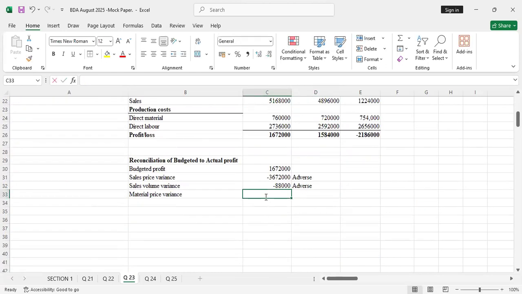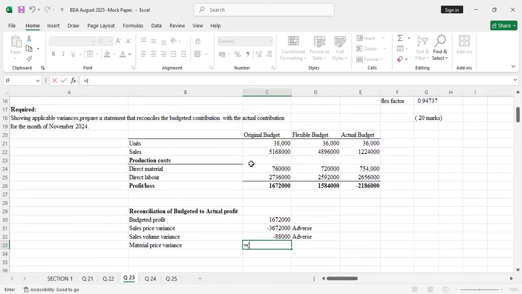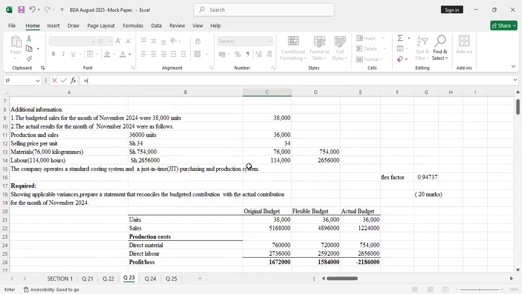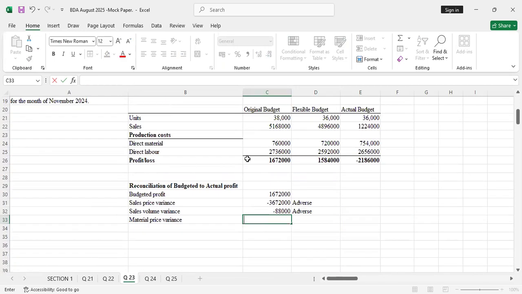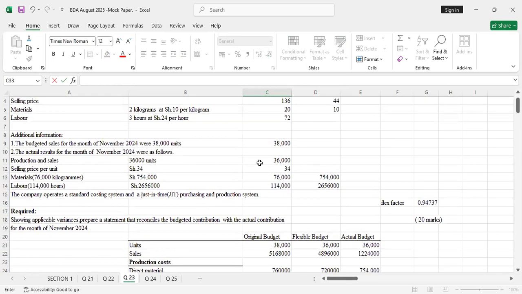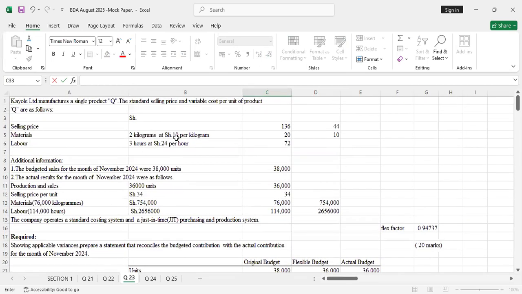So I'll go back to the formula: equals to bracket, standard price minus actual price. First we have to get the standard price per kg, which is already here. We are told 2 kilograms at shillings 10 per kg, so 10 is the standard price. What about the actual price of the material?